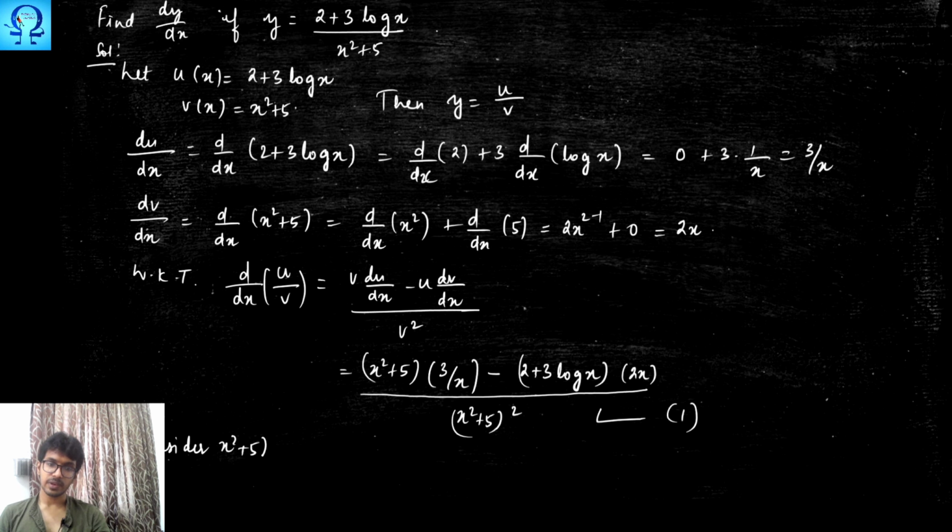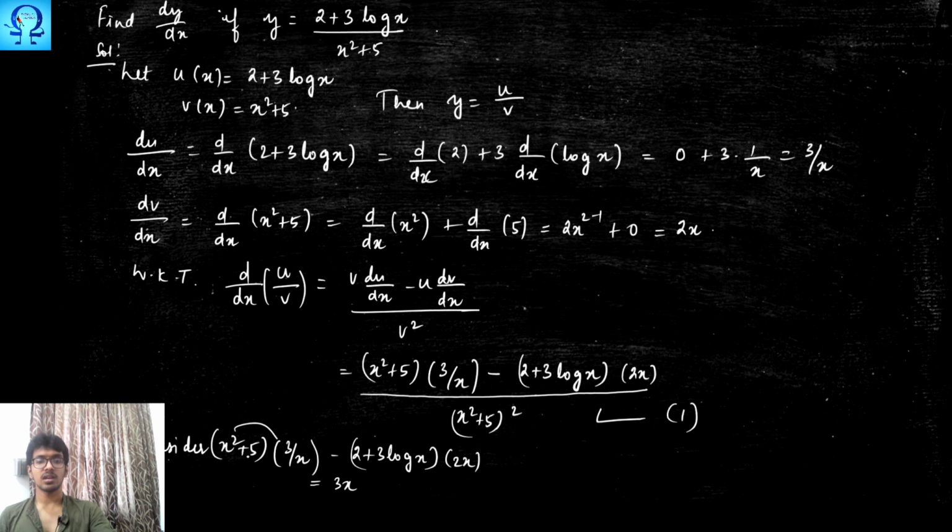Simply consider (x² + 5) times 3/x, minus (2 + 3 log x) times 2x. When you multiply x² with 3/x, you will get 3x.